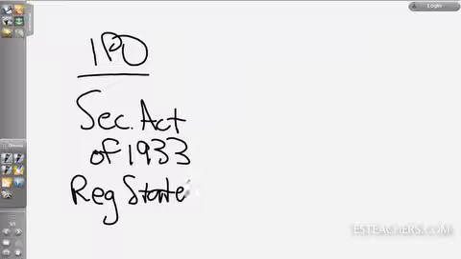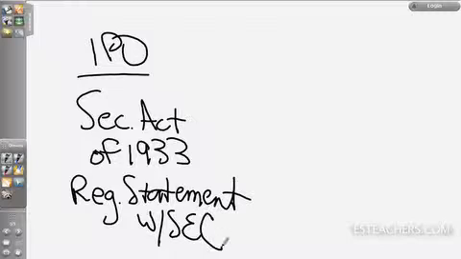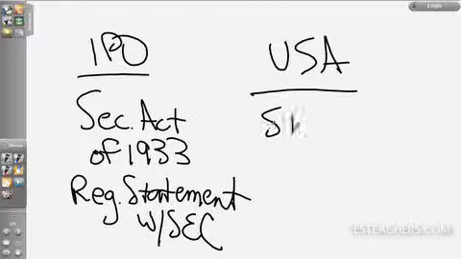A registration statement must be filed federally under federal law with the SEC. And that's also true under the Uniform Securities Act, that a registration statement must be filed at the state level.